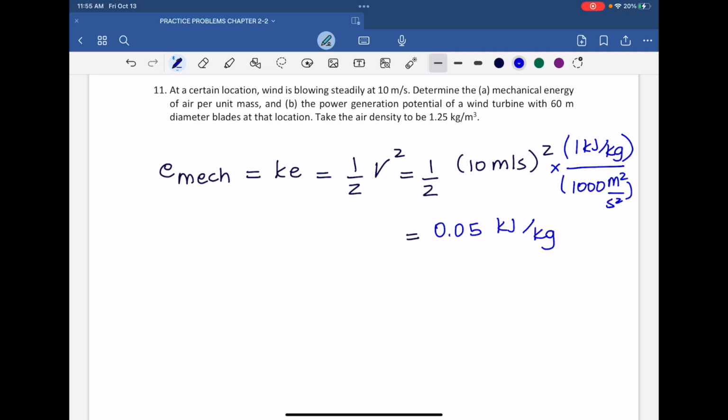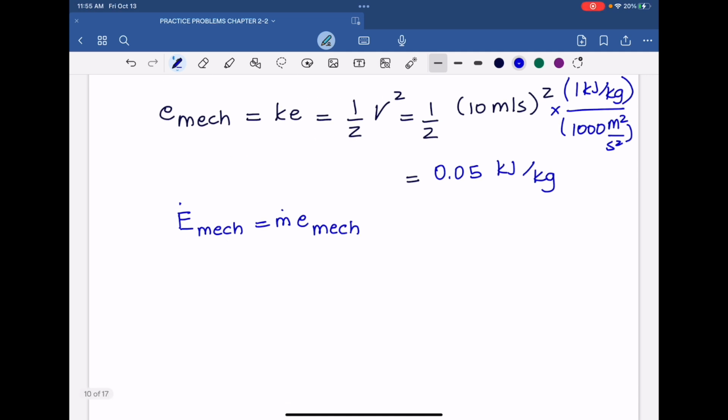Now this is going to help us calculate the rate of mechanical energy, which determines its power. So the power is mass flow rate times mechanical energy, and mass flow rate is density times volumetric flow rate.